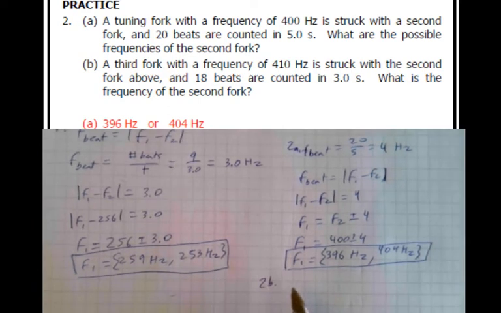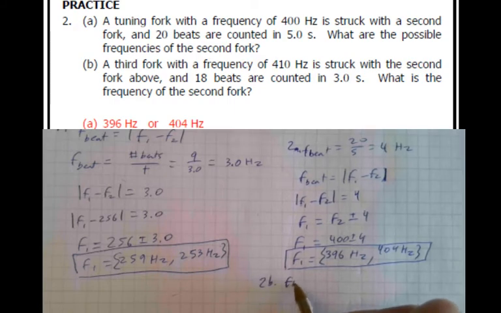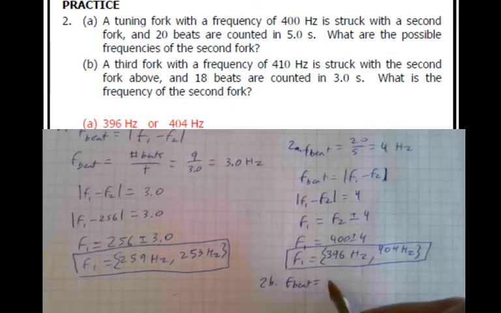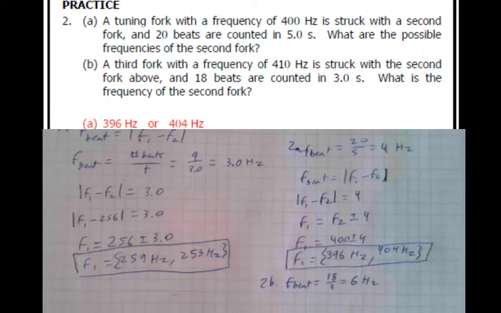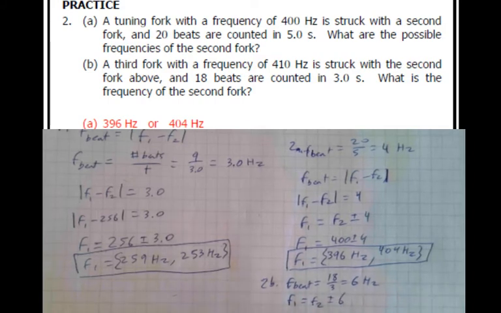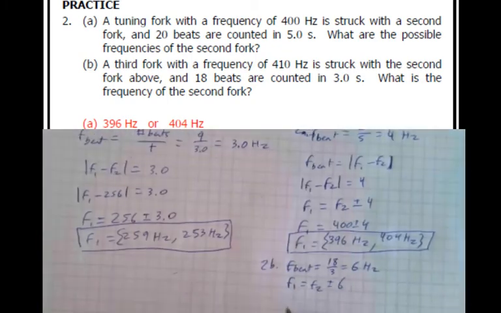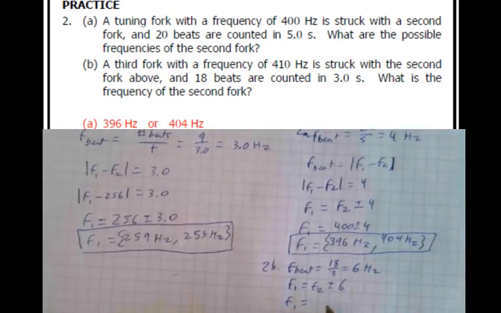But in 2B, it says a third fork with a frequency of 410 is struck with the second fork above. And then we have 18 beats in 3 seconds. So we have a new F beat of 18 over 3, and that would be a 6 hertz beat frequency. So in this case, for this new fork, my F1 equals my F2 plus minus 6. And my F2 is 410, plus minus 6.